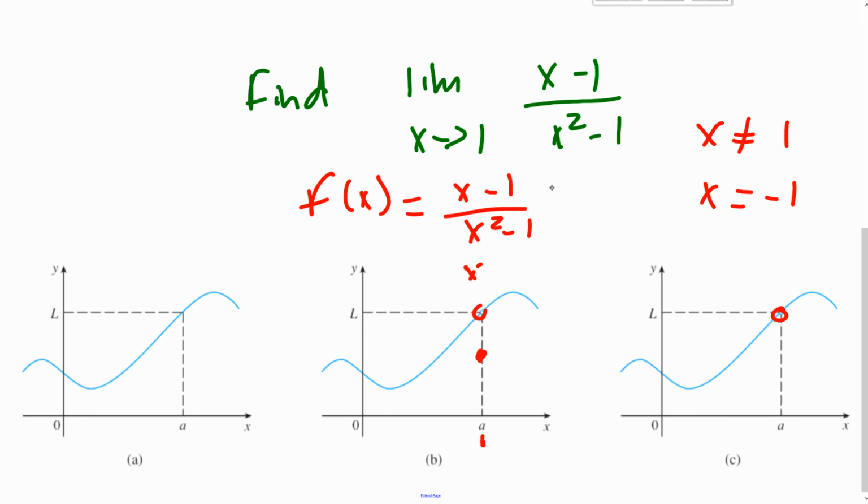Or you might actually have a value at A, kind of like our example. We just had x squared. It was just quadratic, right? We actually did have a value of, when I plugged in our A of 2, we did have a y value, right? So sometimes that is defined, sometimes it has a hole in it, but it is defined somewhere else, and sometimes we're just left with a hole.